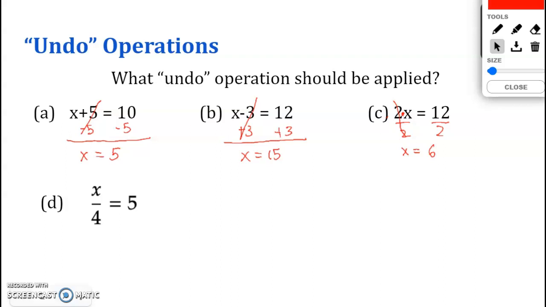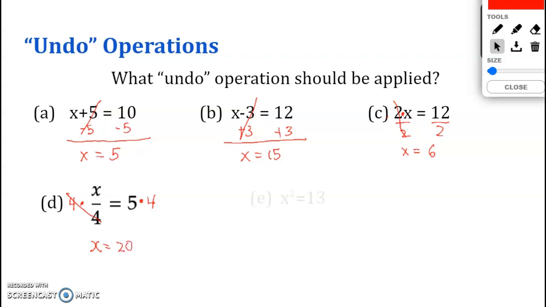How do I undo divide by 4? I multiply. Remember, multiplication and division are opposite to each other. So x is going to be equal to 5 times 4, which is 20.